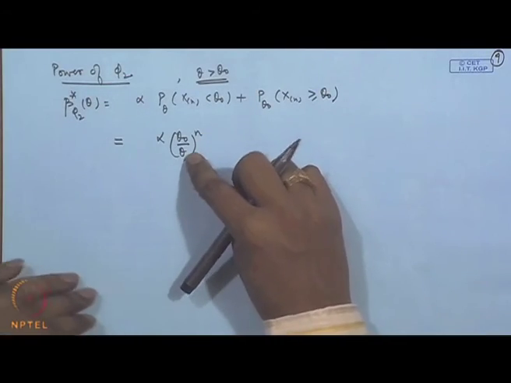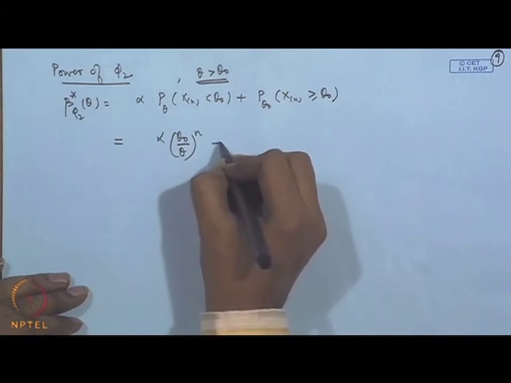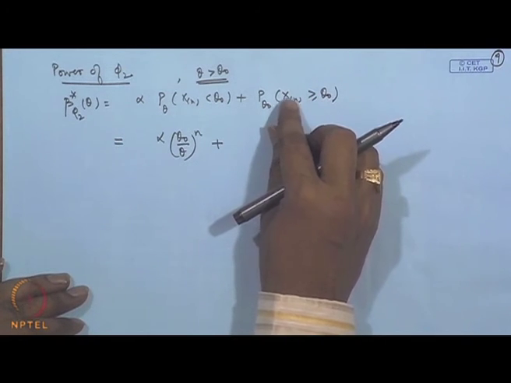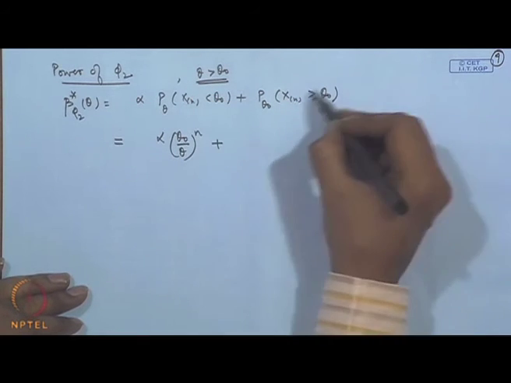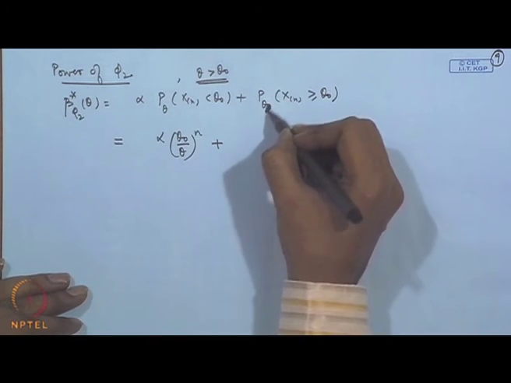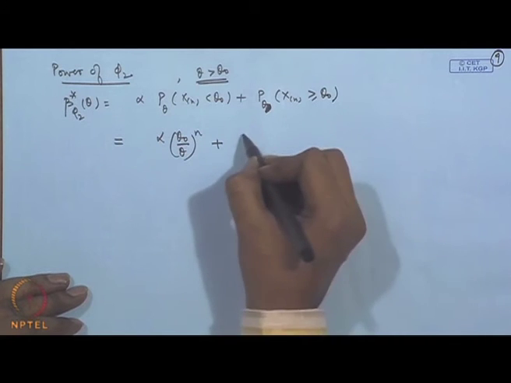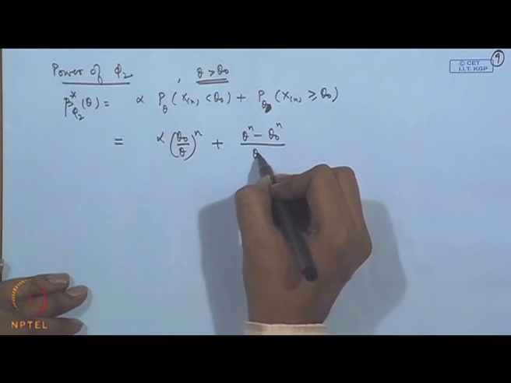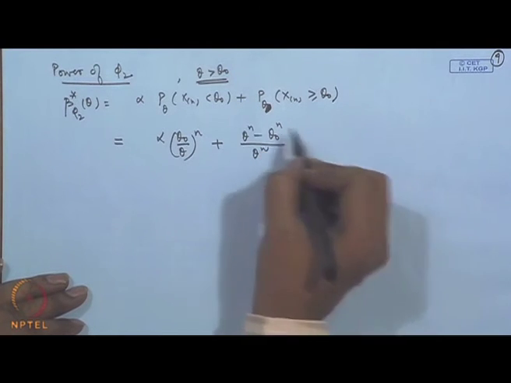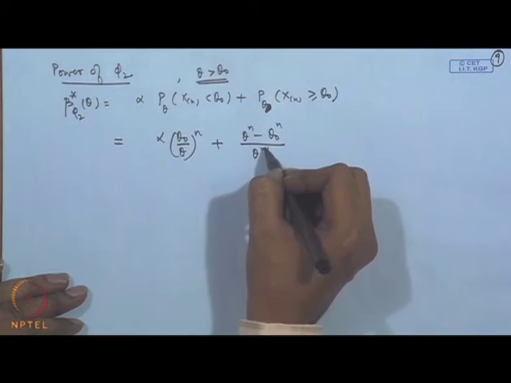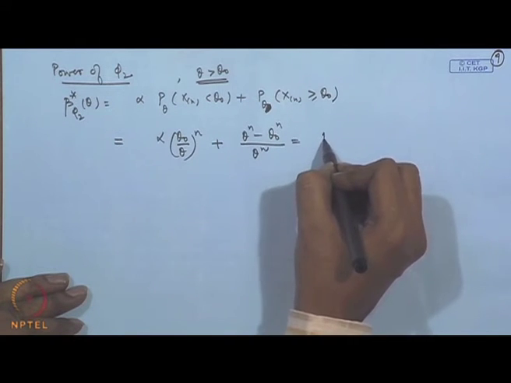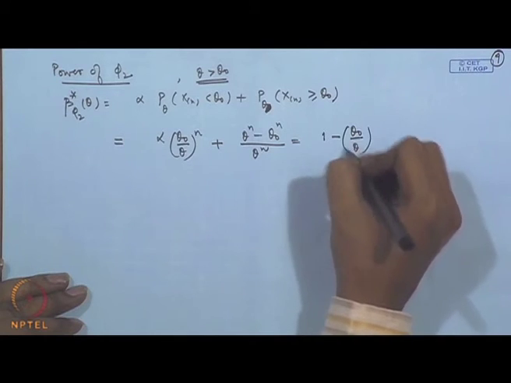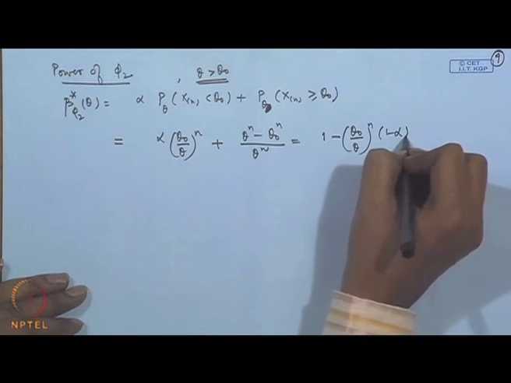So, this is theta naught by theta to the power n plus this is the probability from theta naught to theta, which is theta to the power n minus theta naught to the power n by theta to the power n. This will become 1 and this term I can combine. So, I can write it in a slightly modified fashion as theta naught by theta to the power n into 1 minus alpha.